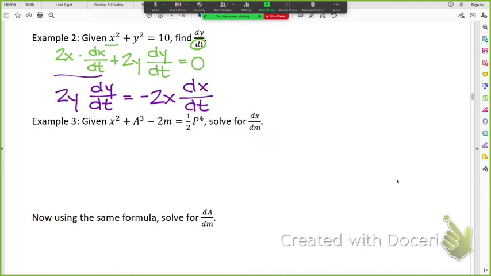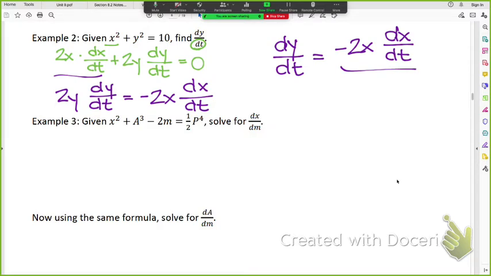Divide by 2y. So dy dt equals negative 2x dx dt over 2y. What is the only thing I can simplify? The 2's.